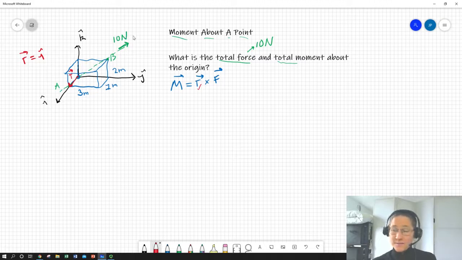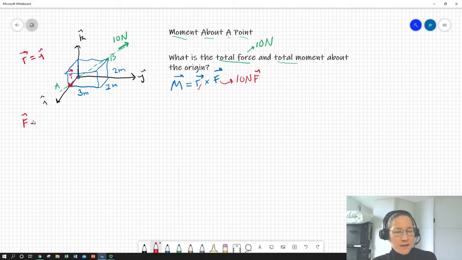Now I need a force vector. I know its magnitude, it's 10 newtons, but now I can say that this equals 10 newtons times a unit vector in the F direction. So now I need a unit vector again. Good thing I know that this line of action goes through points A and B, because that makes it pretty easy to construct a unit vector. So I'm going to go over and do that on the sideline, because I'm going to need that to calculate my cross product.